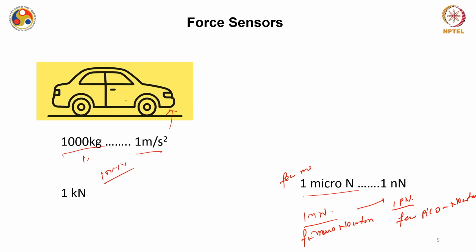So, for a vehicle of weight around 1000 kg, you have a force of around 1000 Newton, right. So, you can understand that for the movement of a nanoparticle or microparticle with certain acceleration, you will need this order of force, right. In this course, we are going to discuss sensors which can detect force in this order.